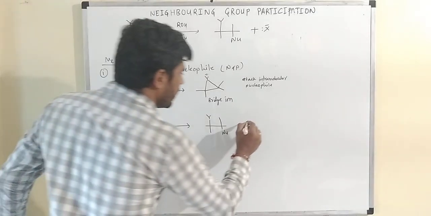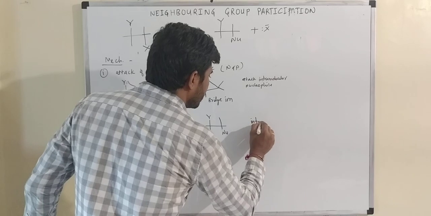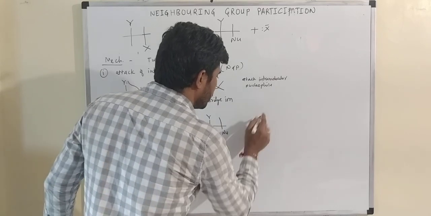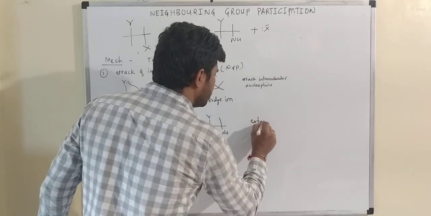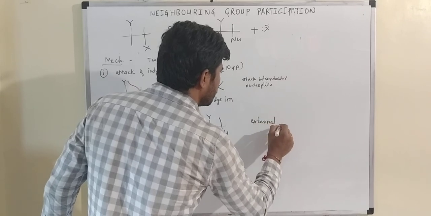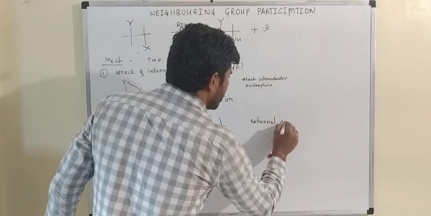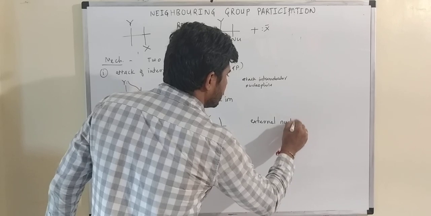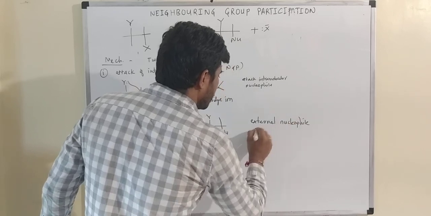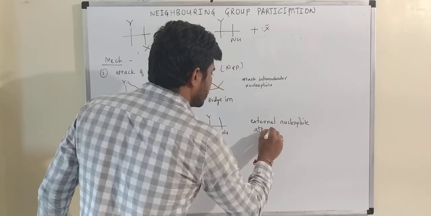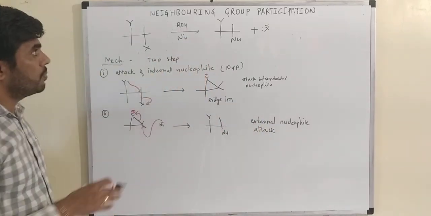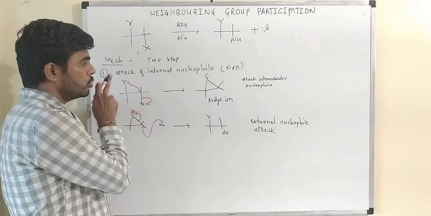So this is the internal nucleophile attack, and this is the external nucleophile attack, the second step. So in neighboring group participation, there are two important steps.